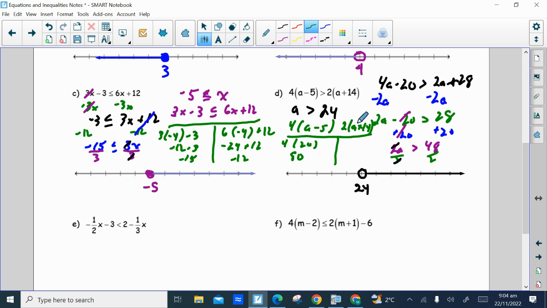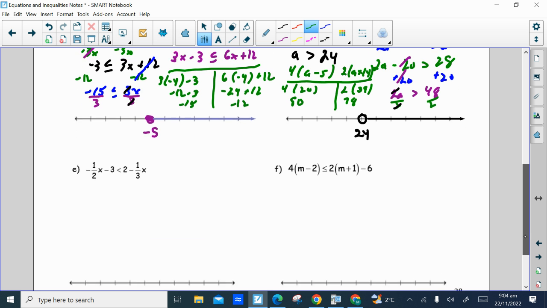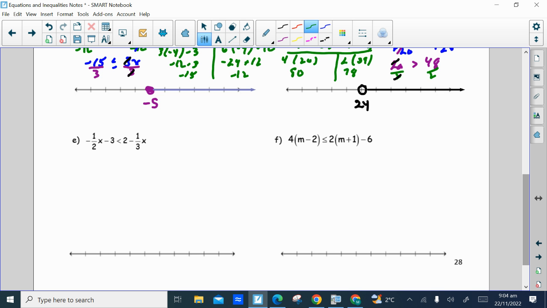On the right, 25 plus 14 is 39, and 2 times 39 is 78. The number on the left is greater than the number on the right, so it checks. It checks.